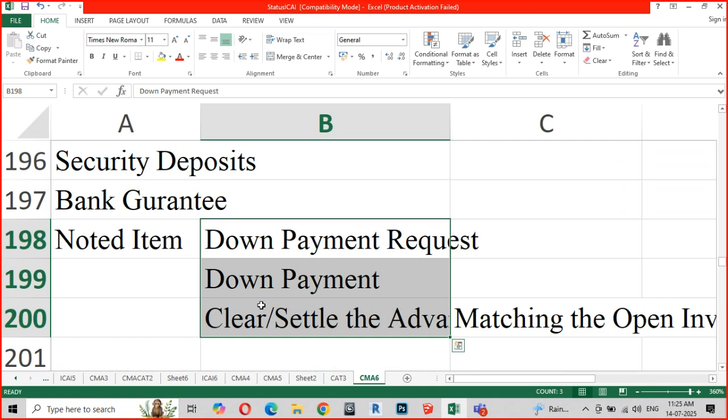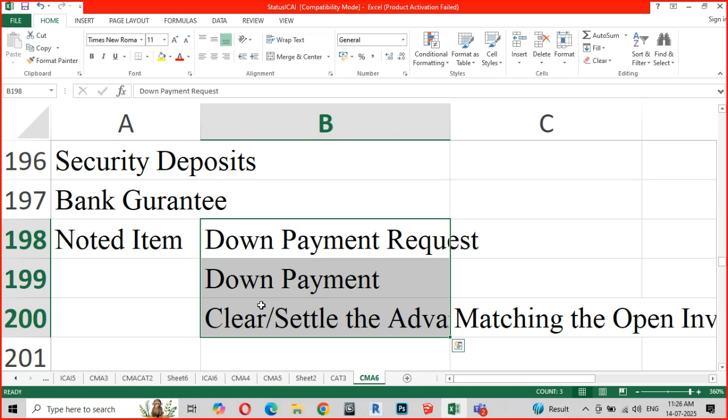This noted item is just informatory lines in your financial statements. Just like in a typical balance sheet, at the end you will have some points. All these are noted items. They do not have a financial impact. It is just information. You got my point? Such things are referred to as noted items in SAP.